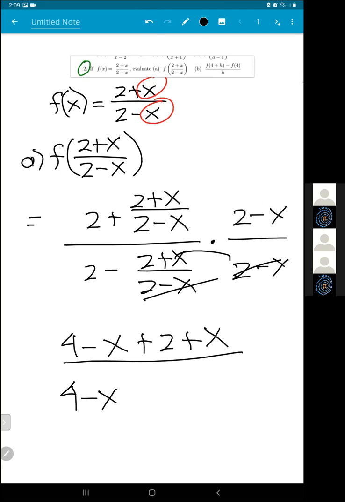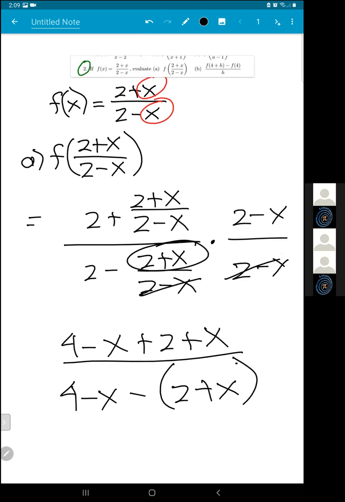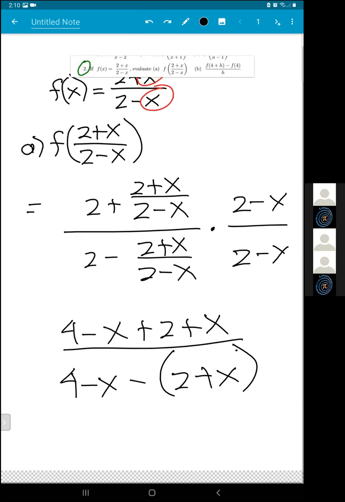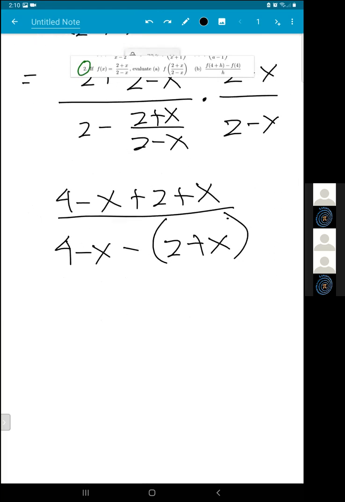And for this one, take note of the minus sign. Minus 2 plus x, since 2 minus x cancels out, you'll be left with this. And it's a minus. If you don't put in the parentheses, you won't see that you have to distribute the minus sign over. So actually it should be minus (2 plus x). So continuing, we simplify further.